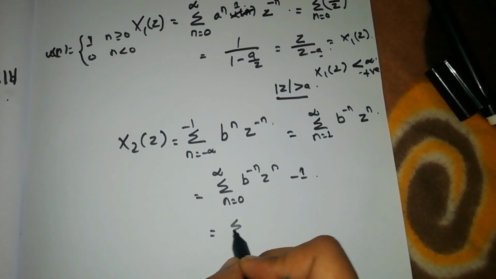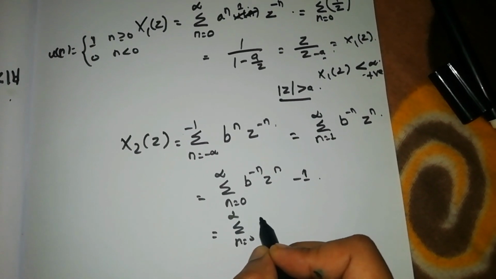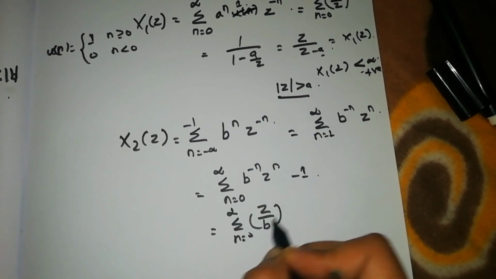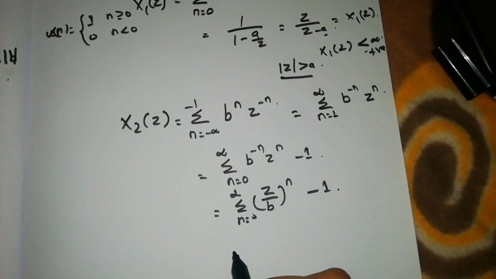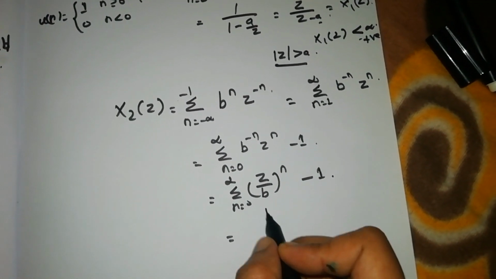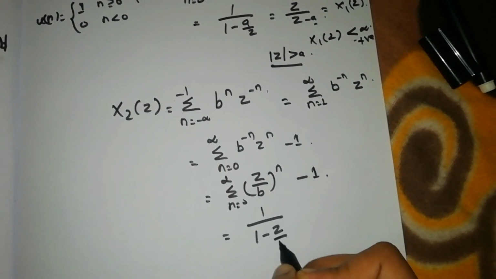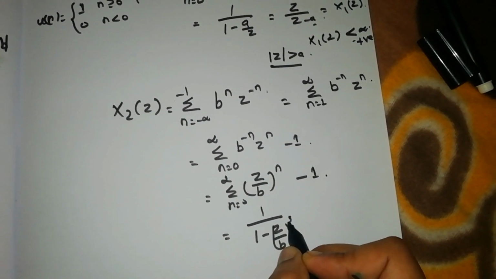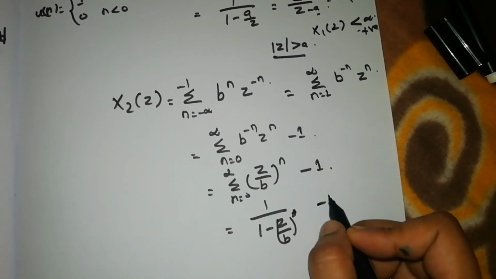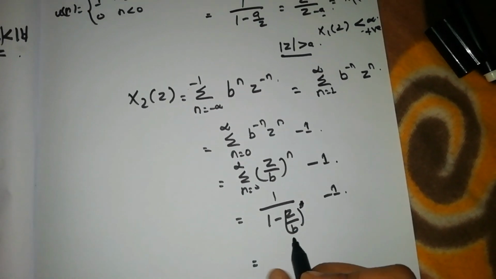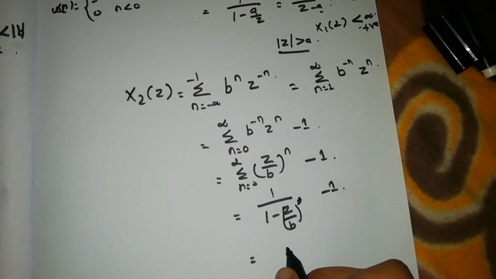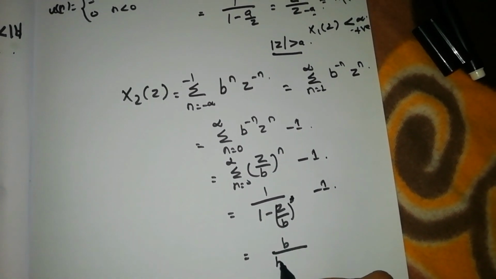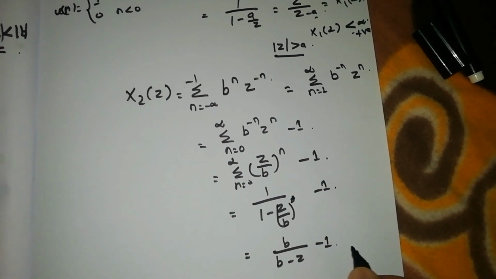So this can be rewritten as summation of z by b the whole power n, and this will become 1 divided by 1 minus z by b, the whole thing z by b minus 1. Solving this we will get b divided by b minus z, minus 1.